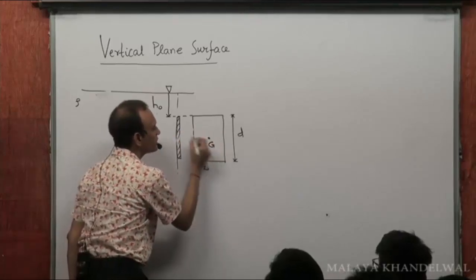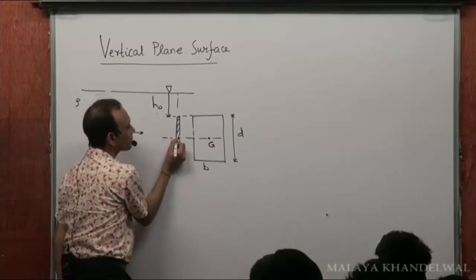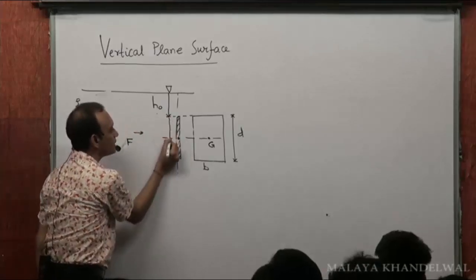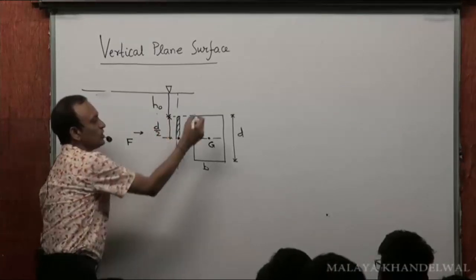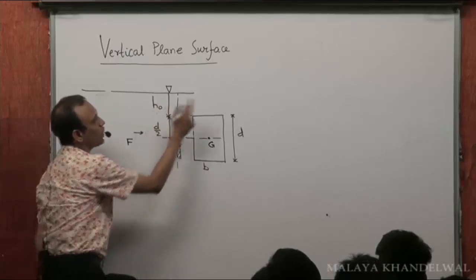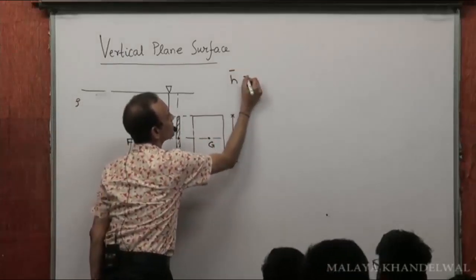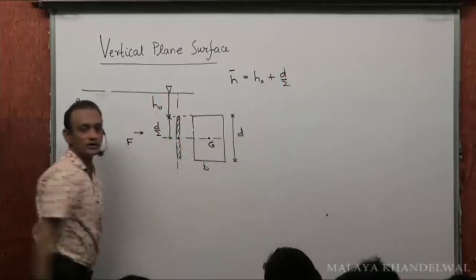This is the center of gravity, which will be located here, and this will be d by 2 units from this, yes or no? That means the total depth of the center of gravity, h bar, is going to be h0 plus d by 2.